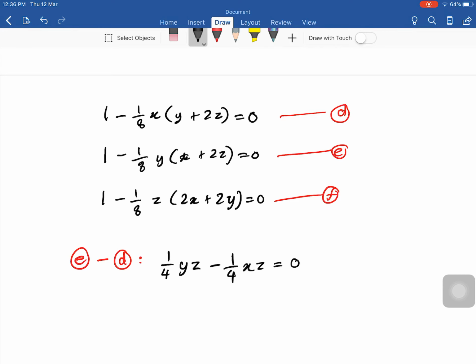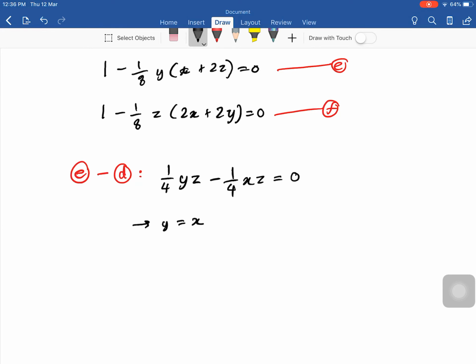Okay, so Y is equal to X. So this is the value of Y and X, but we don't know the value, but we know that Y is equal to X.